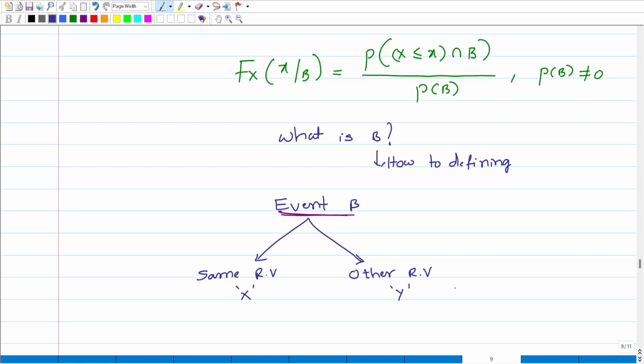Two ways we can define in these two ways. One is b is an event which is in terms of the same random variable x, and the other one is event b in terms of other random variable y.